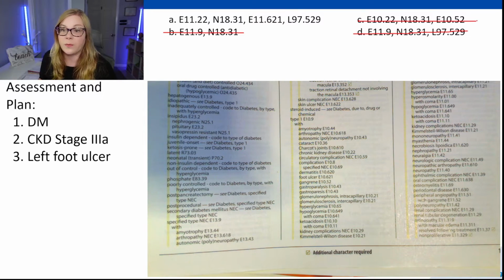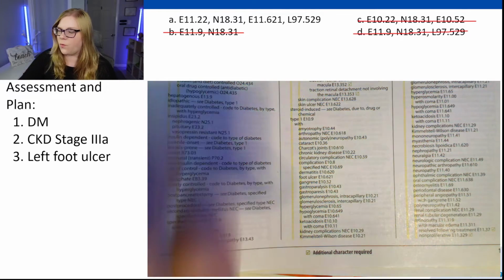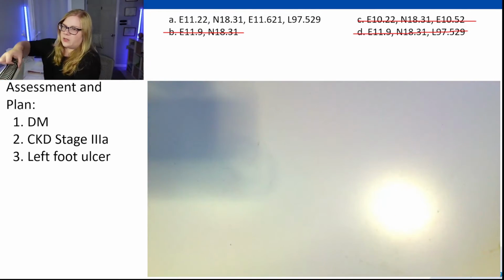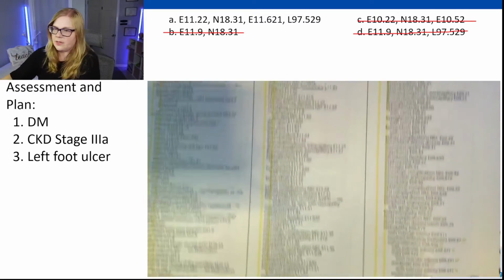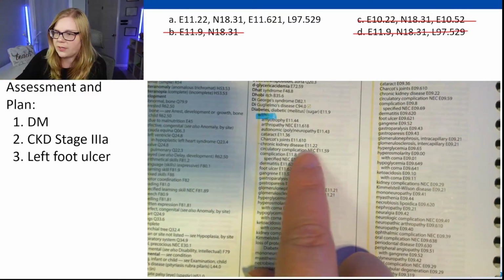But just for the purposes of demonstration, if we have our diabetes mellitus, we're going to assume our cause and effect relationship between CKD as well as the foot ulcer. So we're going to use not our E11.9, we're going to use for the chronic kidney disease code, E11.22 for chronic kidney disease.